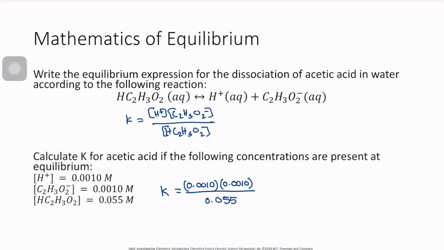Then get your calculators out and see what you get. 1.8 times 10 to the negative 5 for the equilibrium constant.